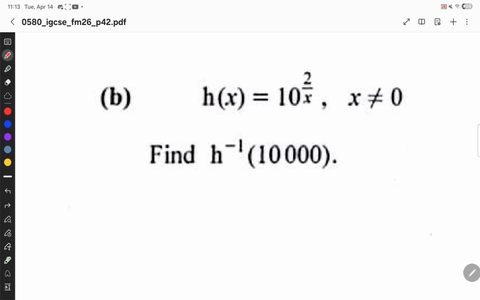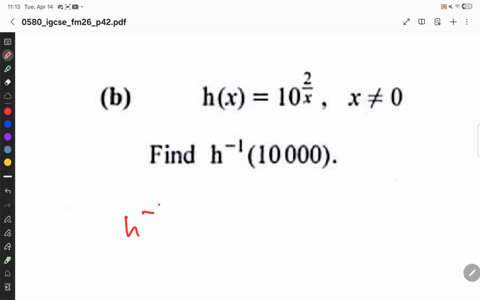For this, we do not know how to find the inverse of an exponential, so we do not find the inverse of the exponential. So we know x.